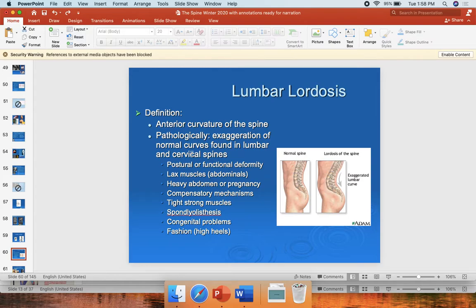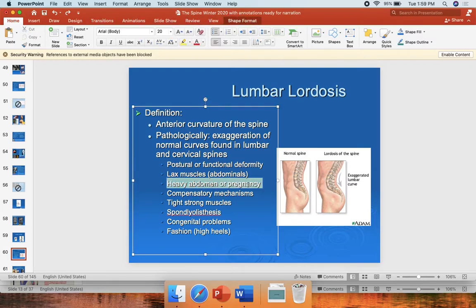Okay, so you can see here some possible reasons for this excessive lordotic curvature. It wouldn't surprise me if you've known somebody or seen somebody that begins to display excessive lordotic curvature. A lot of times that person will feel uncomfortable, and we'll see that in the coming slides. So they may have a postural or functional deformity. They may have some muscle problems, a heavy abdomen, or pregnancy.